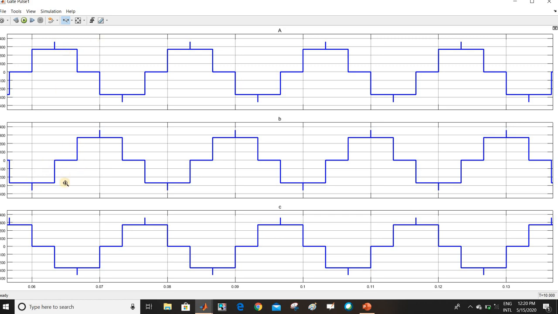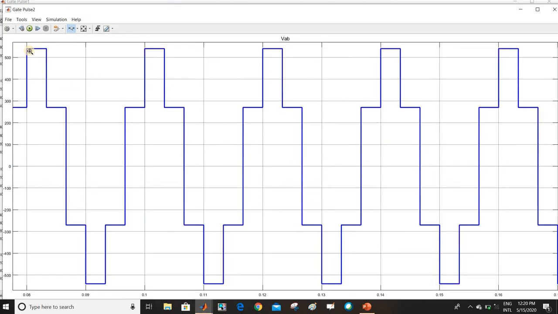So it is coming 270 for 60 to 120. So if we move here, you can see that for 0 to 60 it is coming 540, 270 plus 270. Then for the next span, from 60 to 120, it is coming 270 minus 0, that means 270. You can see here for 60 to 120, this is your VAB, line voltage.